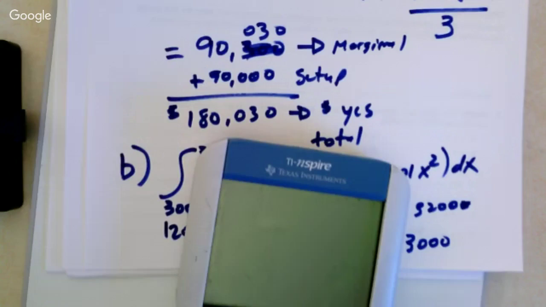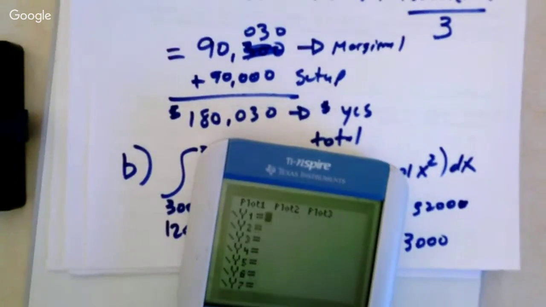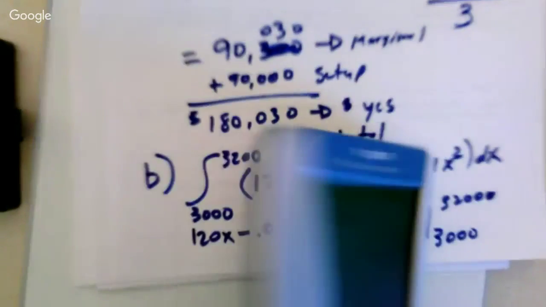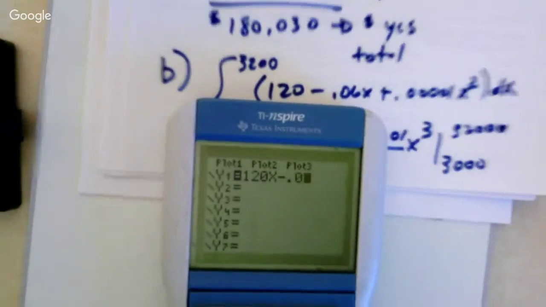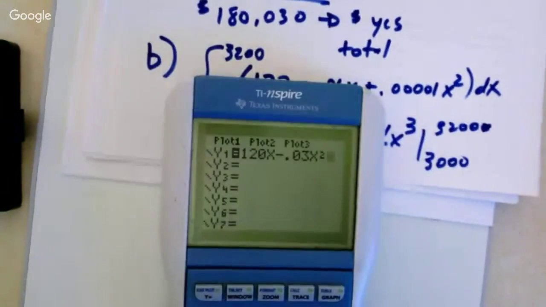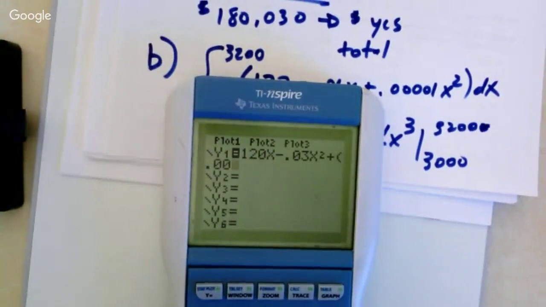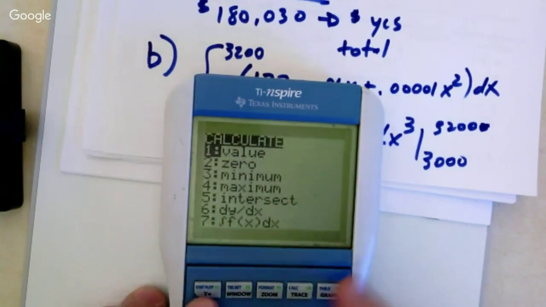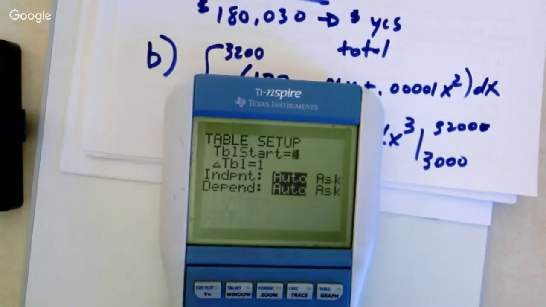So here's how I'm going to do it. I'm going to plug it into the y equals, so I don't have to type it in twice. So 120x minus 0.03x squared plus... Okay, then I'm lazy, so I'm going to go to the table set, start at 3,000 and go up by 100.